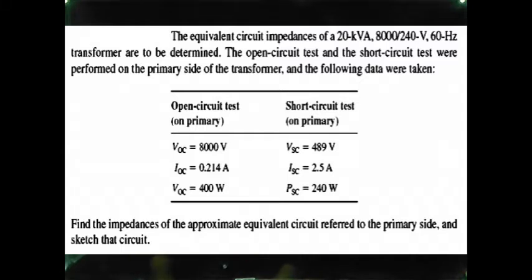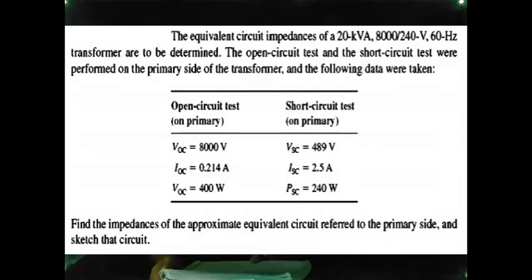So this is the numerical that we will be doing. The question here is: equivalent circuit impedance of a 20 kVA, 8000 by 240 volts, 60 hertz transformer are to be determined using the open circuit test and the short circuit test on the transformer, which have already been performed, and these were the readings.